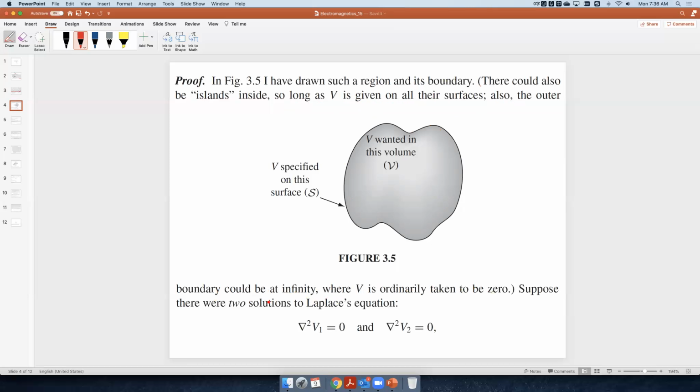Suppose there were two solutions to the Laplace equation. For such a boundary, you have its general solution, which is this V. And let's say for the general solutions, if you use the boundary conditions, you can generate two different solutions. Let's say they're V1 and V2.